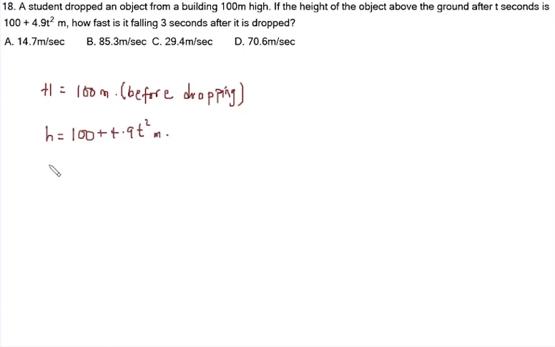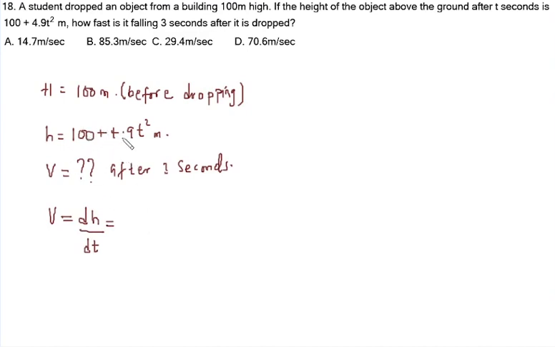So basically we are asked the velocity of the ball after 3 seconds. To get the velocity of the ball, we need to take the derivative of the height. Velocity is equal to dh over dt. This is a normal relationship, okay? So dh over dt here, the constant becomes 0.